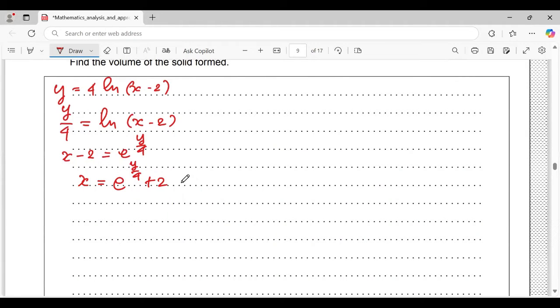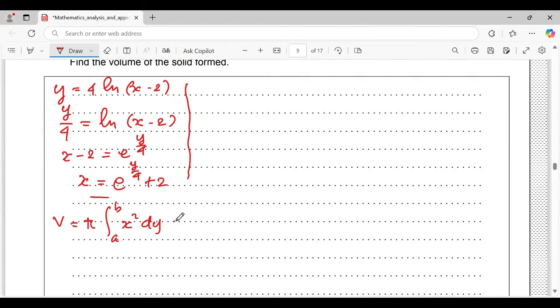Volume equals π times the integral of x squared dy if rotated on y-axis.